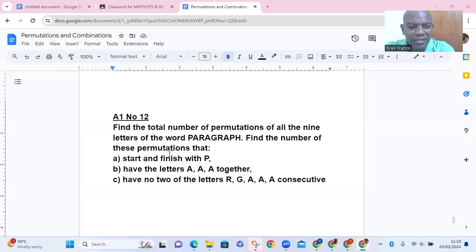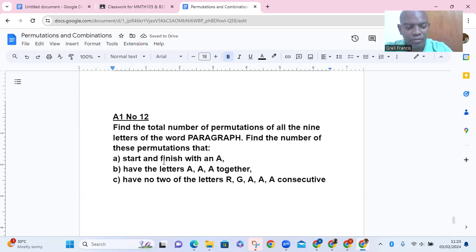However, we'll make a slight modification. We will change this to start and finish with an A. Okay.